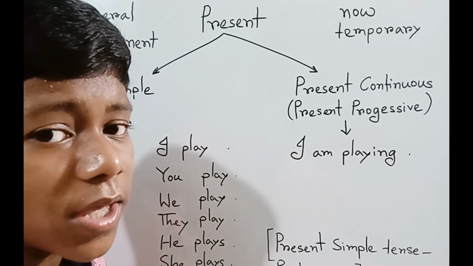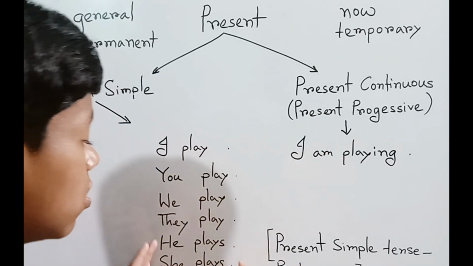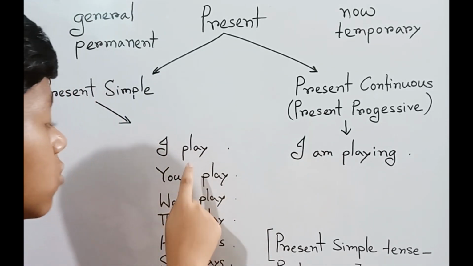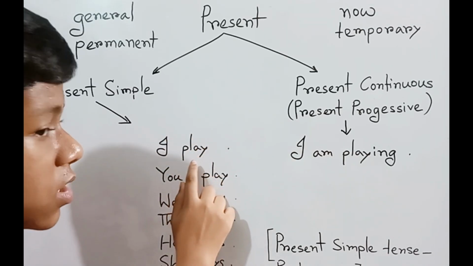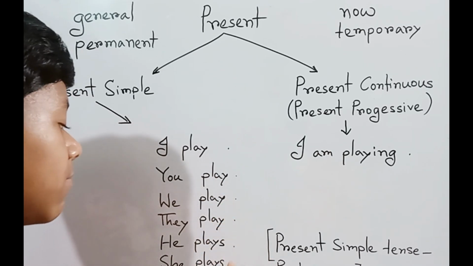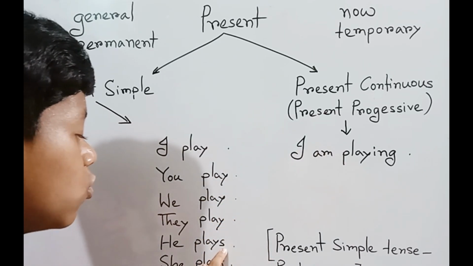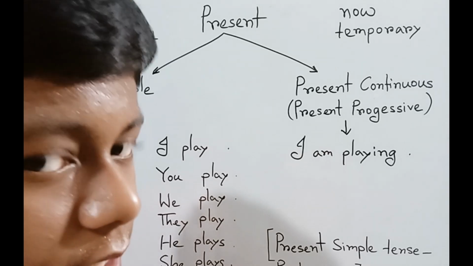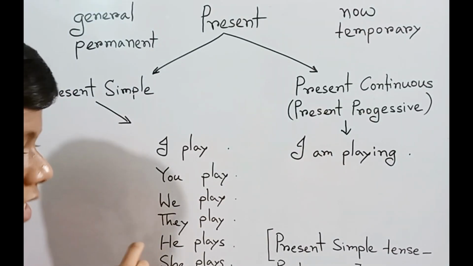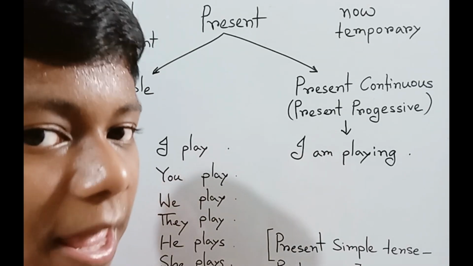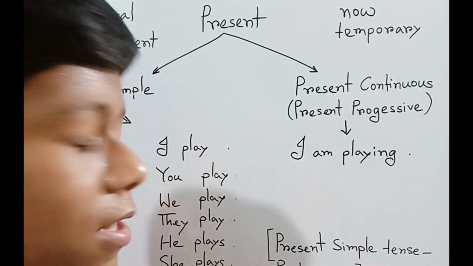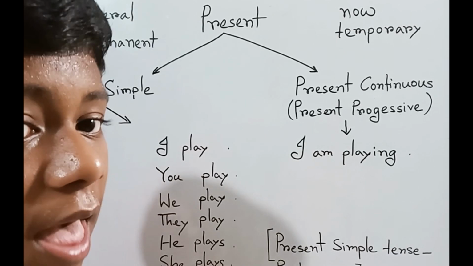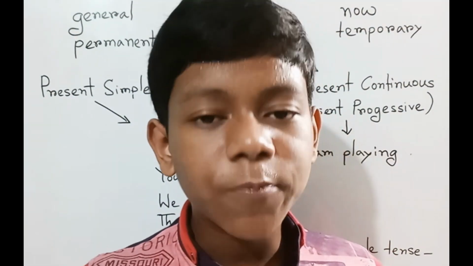Now we can see some differences here. What's the difference? In most of the sentences we have used play, but here why have we used S? In this situation, it is because he is third person singular. When the subject is third person singular, we should use s or es after the verb.